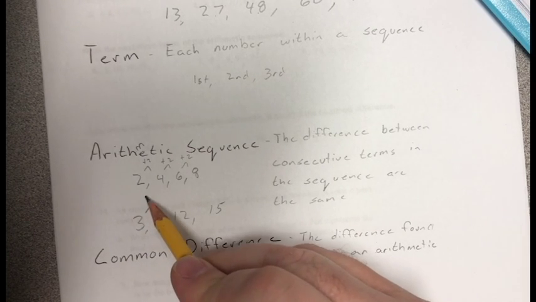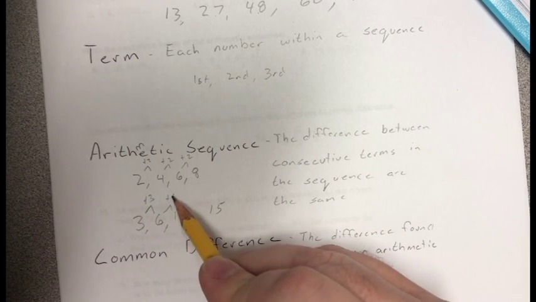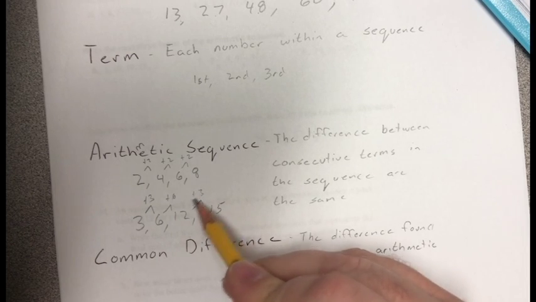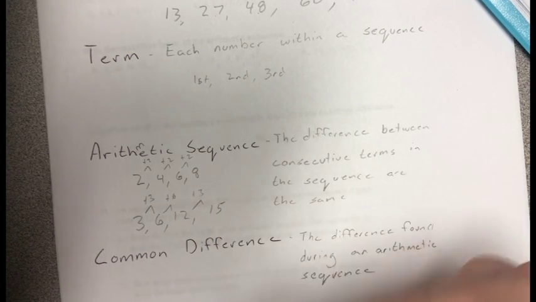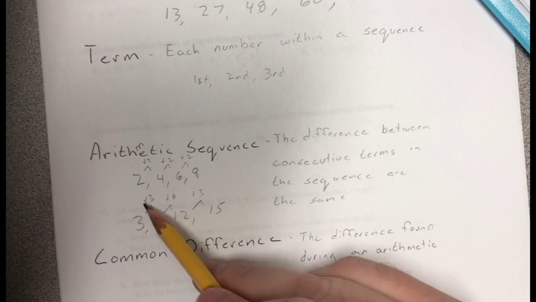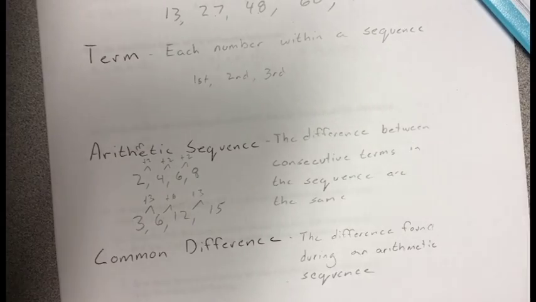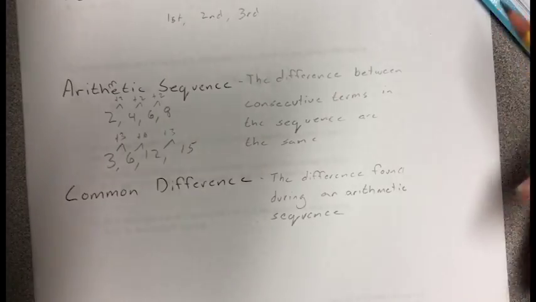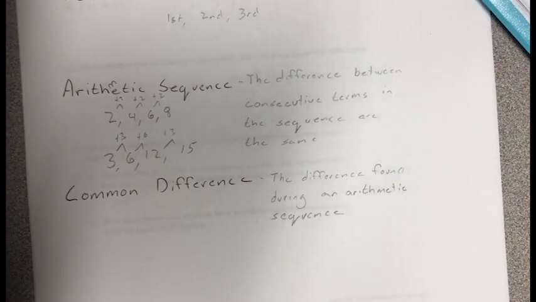But I look at this one, I have a plus 3, a plus 6, and a plus 3. Notice that this is just a regular sequence. The numbers are in order, but because of this right here, the difference is not the same. Which brings me to the last definition, which is kind of a repeat of what we just said. Common difference.